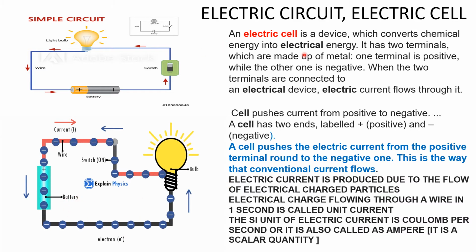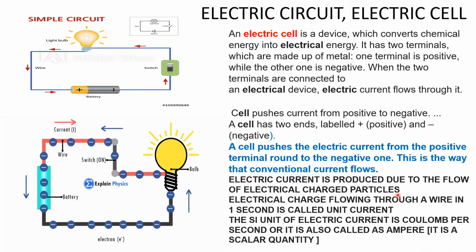This is the way that conventional current flows. It is just the opposite of the flow of electrons. The electrons always flow from the negative terminal towards the positive terminal of the cell. Thus, an electric current is produced due to the flow of electrically charged particles.